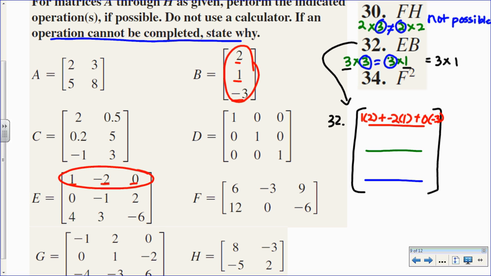The next entry, the green line, is the second row, first column. Again, start at the left and the top. So 0 times 2 plus negative 1 times 1 plus 2 times negative 3.